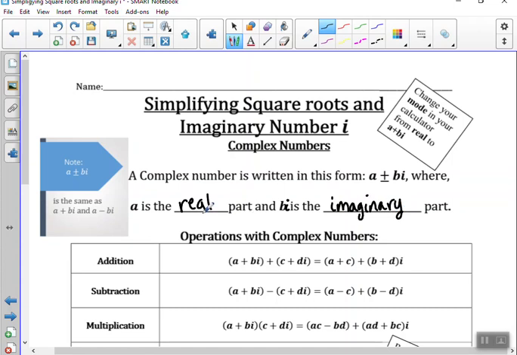When you put the two together with an addition or a subtraction, it is called a complex number.